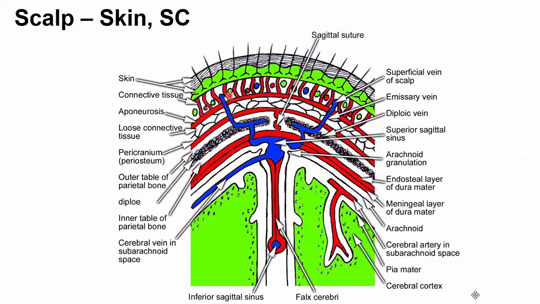And this layer, yung connective tissue, contains large and numerous arteries and veins dito. And these arteries are really attached to the septae.